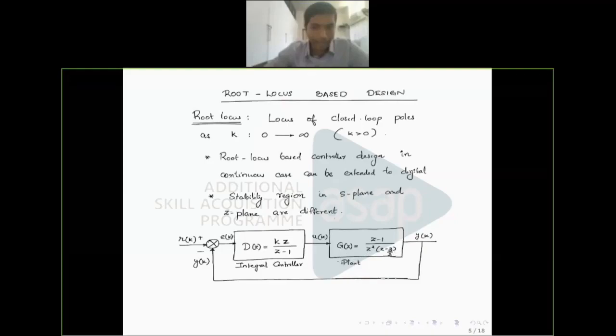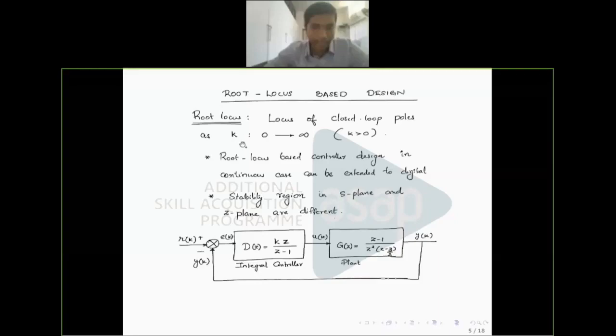Now I am considering a controller. In root locus design, this is one of the drawbacks of root locus design. We must be able to specify the control structure that I am using. So in root locus, as I have said previously, you are only able to vary the gain k.